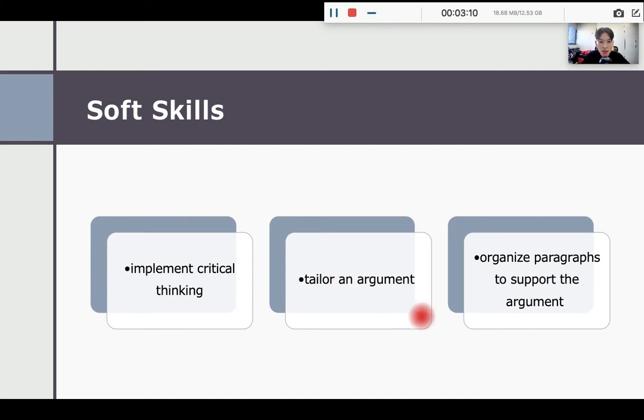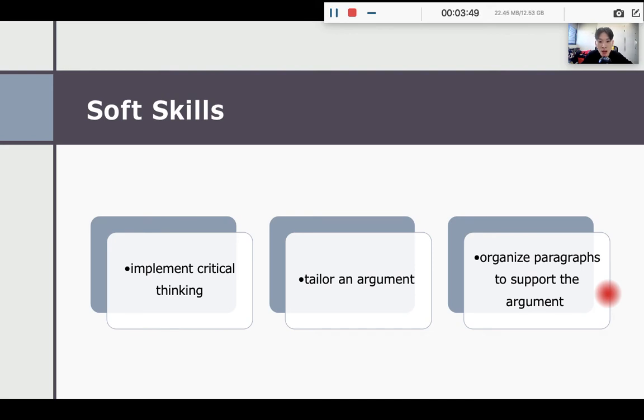And secondly, do you know how to structure an argument so that people can buy into your point effectively? And finally, do you know how to structure your discussion so that your argument is backed up effectively?